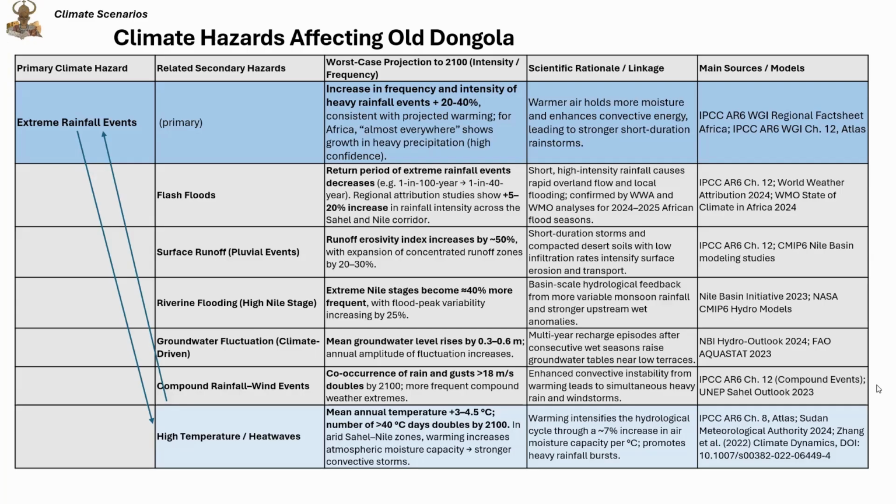And after this climate analysis, we can prepare, this is an old Angola example, a table with climate hazards affecting our site, our building. And I decided to choose extreme rainfall events. After that, we choose related secondary hazards, because it's never the case that we have only one hazard. They are all together. After that, we can analyze the worst case projection, for example, in 100 years, with a specific rationale, and I put here the main sources of that.